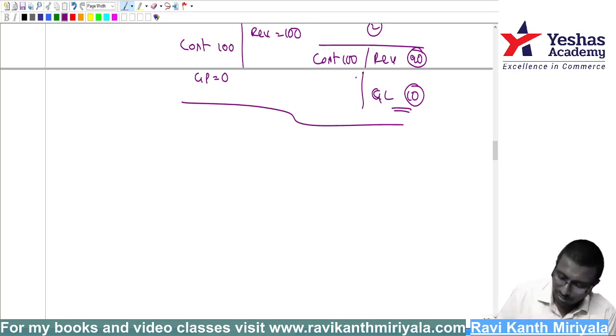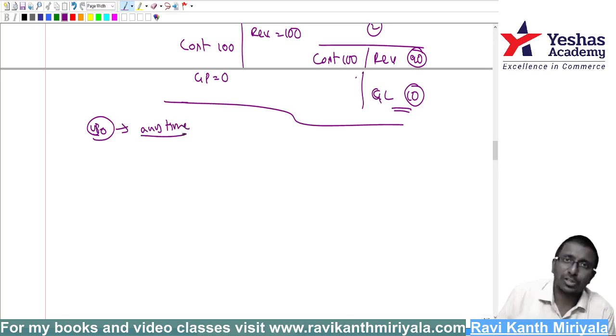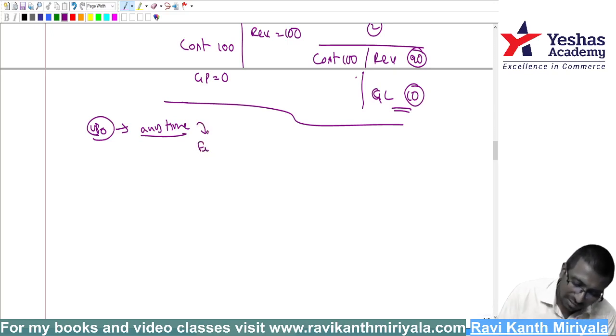Okay, in this situation what will happen? This is not only at the beginning of the year, but anytime during the construction period, whenever you are expecting an expected loss. How do you say there is an expected loss?